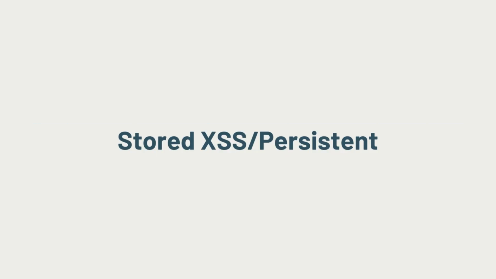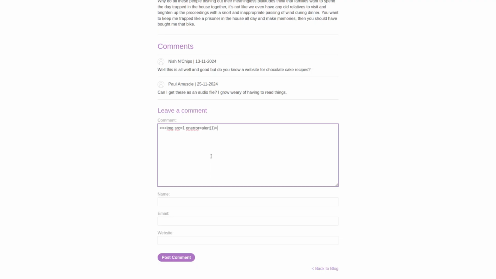One category is stored cross-site scripting, also known as persistent. Stored cross-site scripting occurs when a malicious payload is saved in the website server and later executed in the browsers of users who visit the affected page. A common example is a comment section, where an attacker might post a comment with malicious JavaScript.